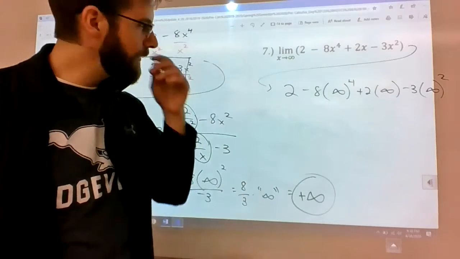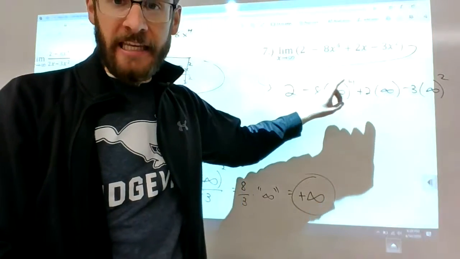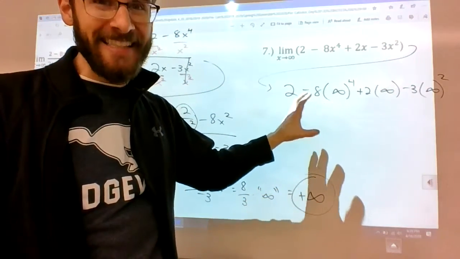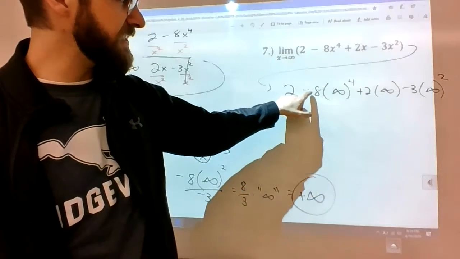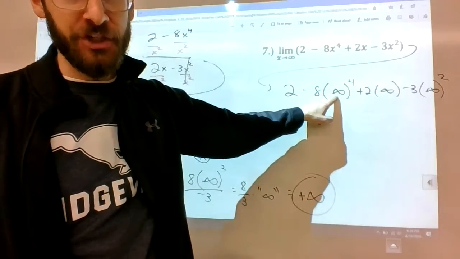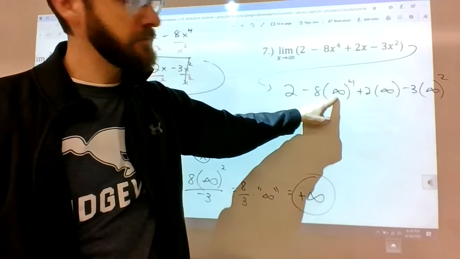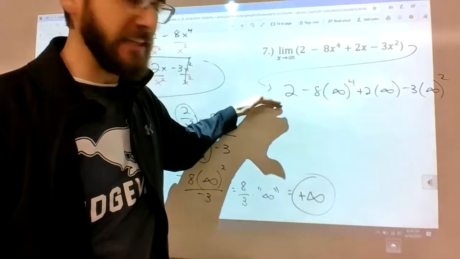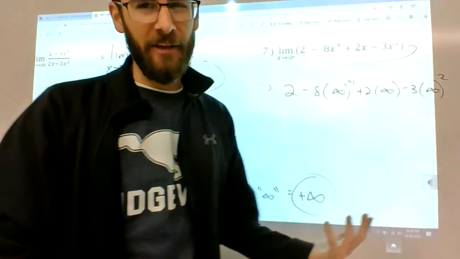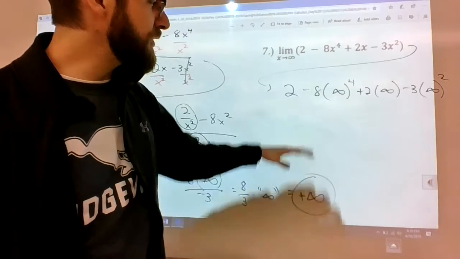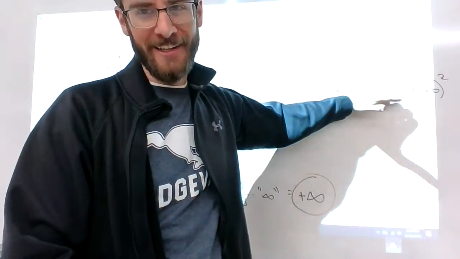It'd be like saying, all right, take infinity to the 4th power. Even powers retain positive value. So it's like, oh, what's -8 times a positive giant number? It's now a negative giant number. And what happens when you take 2 minus that? Well, it just kind of gets absorbed in the whole mix of things. So it's sort of like this is negative infinity, and this is positive infinity.